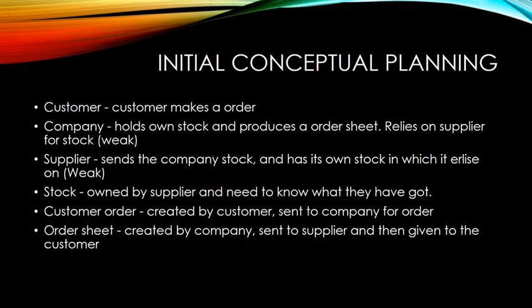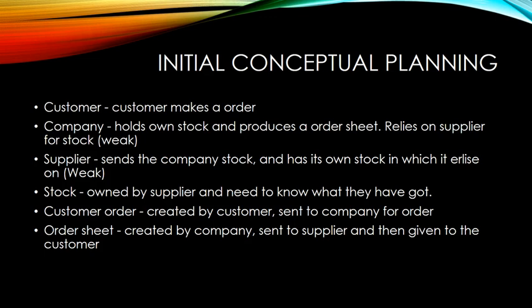Next, we have stock, which is owned by the supplier, and the company does need to know what stock they have so that they can request or buy more, which means it relies on the company to get more. The customer order is created by the customer, which means it's a weak entity because it relies on there being a customer, and the company gets sent this order so they can pick it.